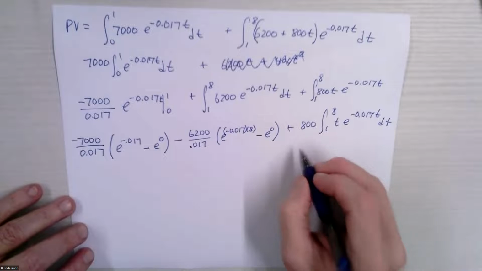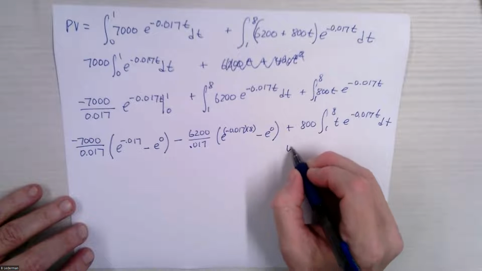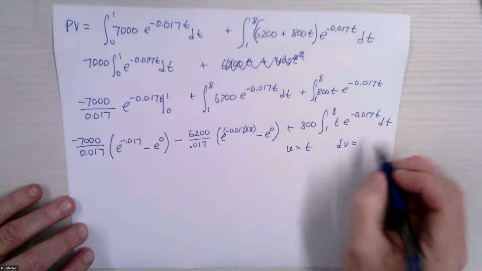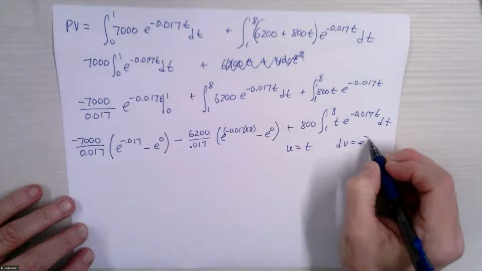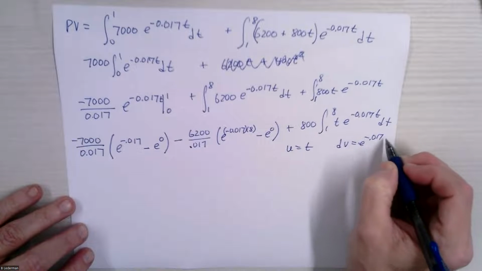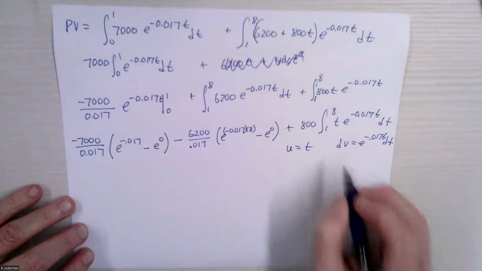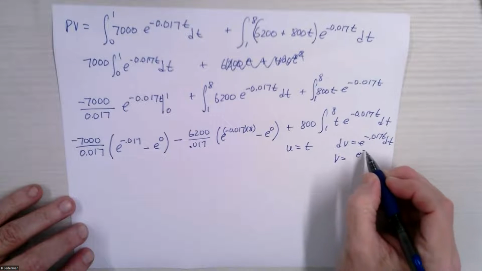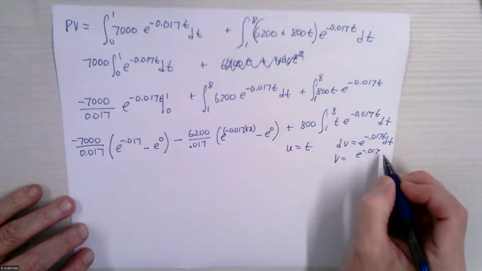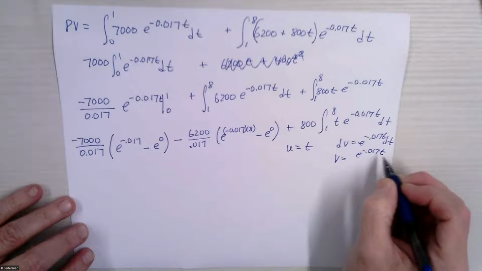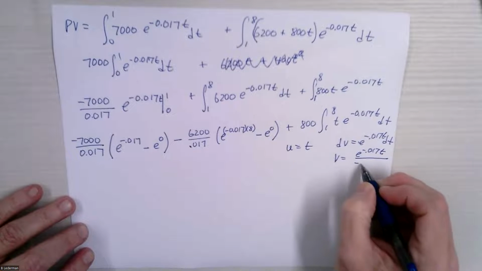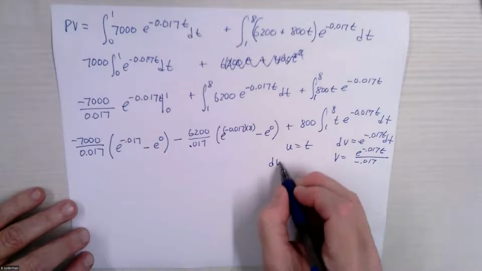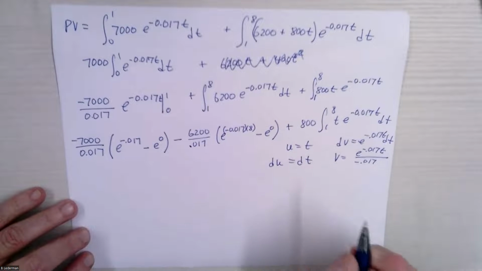I'm going to let u equal t, and dv is e to the negative 0.017 t dt. Then v is equal to e to the negative 0.017 t over negative 0.017, and du equals dt.